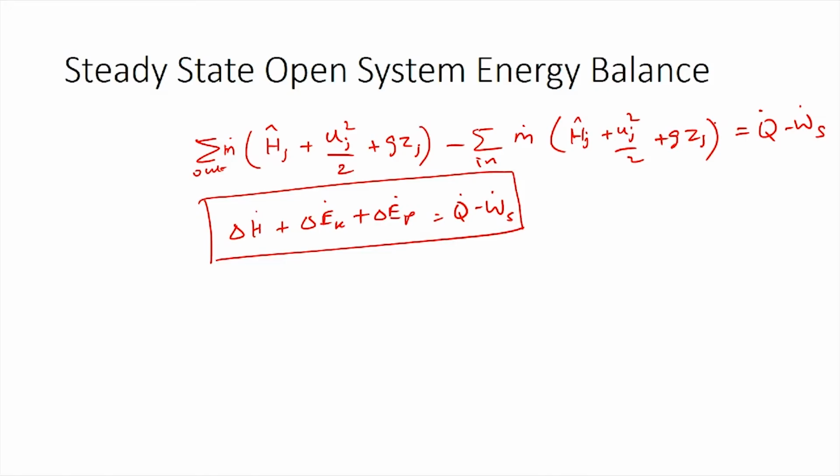So, substituting these values we get delta H dot plus delta E k dot plus delta E p dot equals q dot minus w s dot, which will be used in place of delta U plus delta E k plus delta E p equals q minus w, which was used for closed systems.